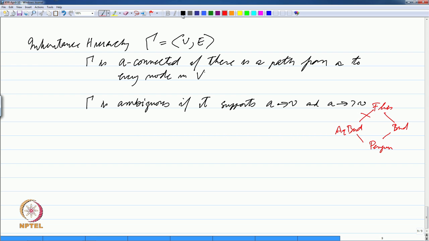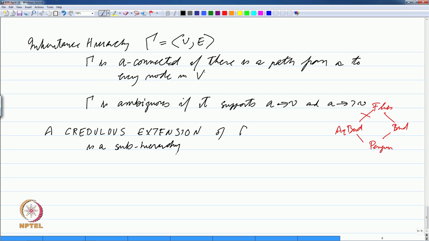So, we define the notion of an extension. A credulous extension of tau is a sub hierarchy or sub network.